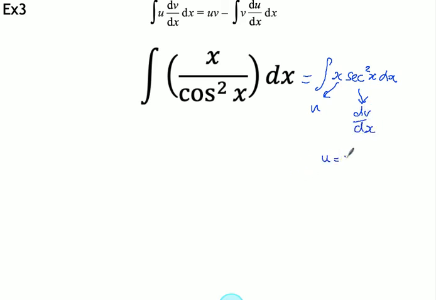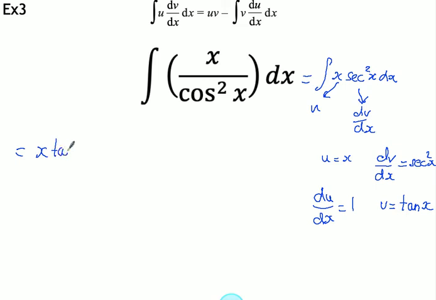Okay, so let's write these down. It's always better to be as methodical as possible with these. So du by dx, and v is, well, sec squared integrated, formula book. It's tan x. And then we're nearly done. So uv is x tan x, subtract the integral of v du, so that is tan x dx.